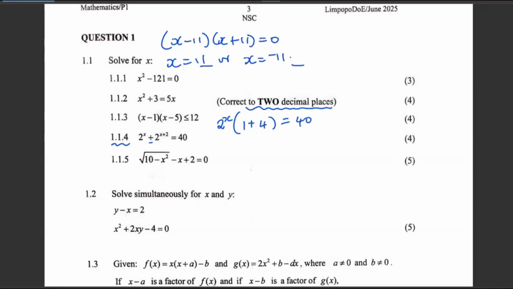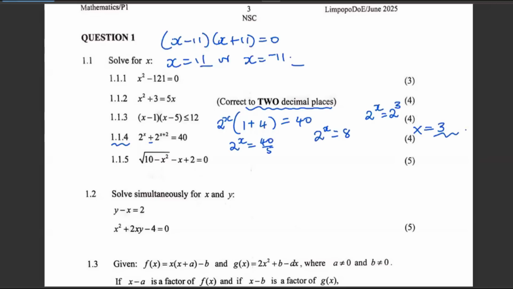Then we know that 1 plus 4 is 5. So 2 to the x is going to be 40 over 5, so 2 to the x is the same as 8. Let's change the 8 to a base of 2: 2 to the x is the same as 2 cubed. So the bases are the same, meaning that our x must be 3.